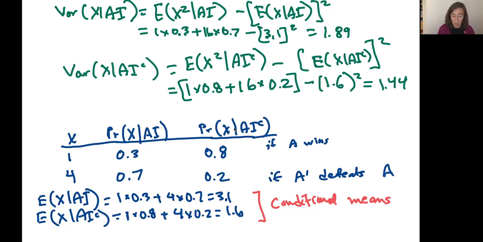Okay, so before I go to another page, let me just give you the preview of what it is. So when we did this before, we used the law of total probability. If we know the probabilities that are conditional on an event and the probabilities that are conditional on a complementary event, all we need to know is the probability of the conditioning event. And we plug all that stuff into the law of total probability and find the unconditional probabilities. That is exactly what we're going to do.